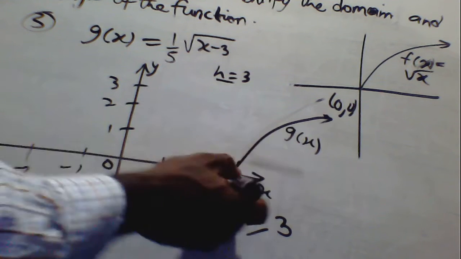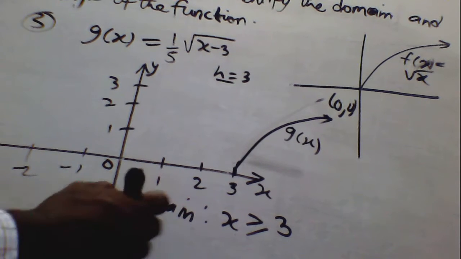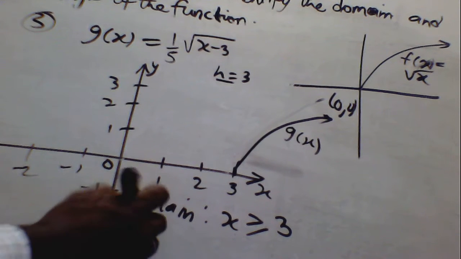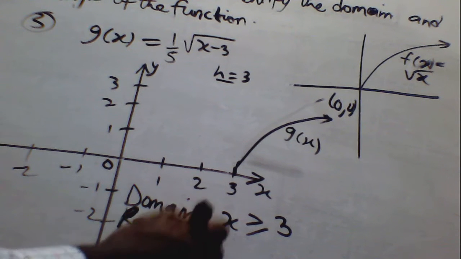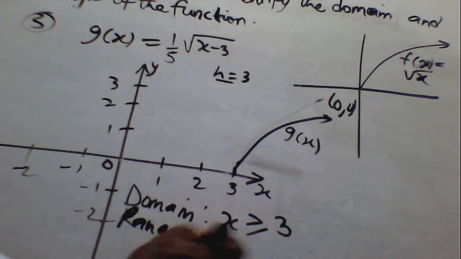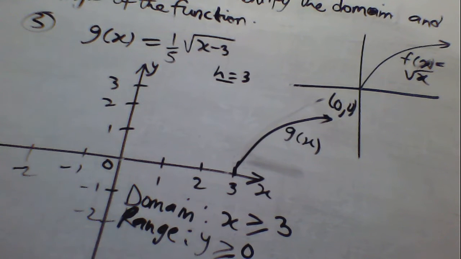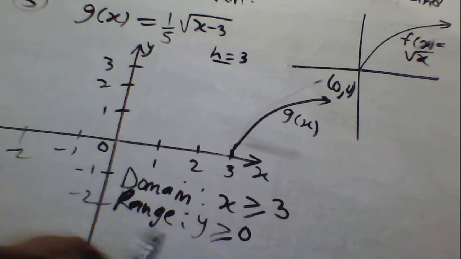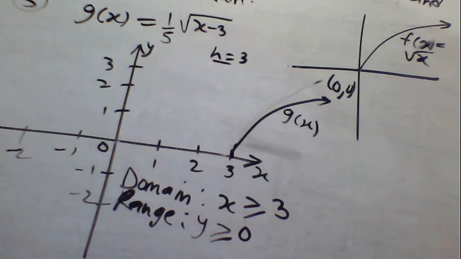This is where x begins. It didn't begin from the origin. Then the range. Our range is what? y greater than or equal to 0. That is the range. I hope you are understanding it.